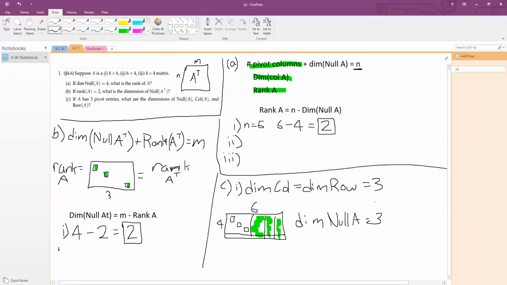And you could think of that as just being 6 minus 3, 6 for the number of columns. And then the rest of them, for parts 2 and 3, I would again just take the m and plug it in and see what you get. And obviously the dimension of the column space and the dimension of the row space is going to be the same for each of those.